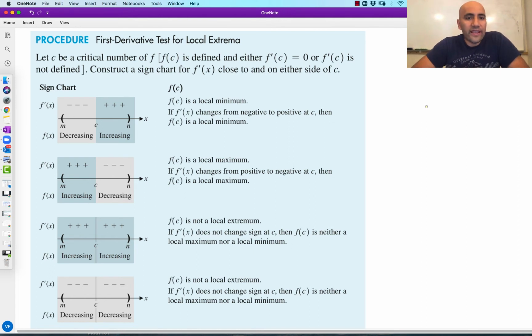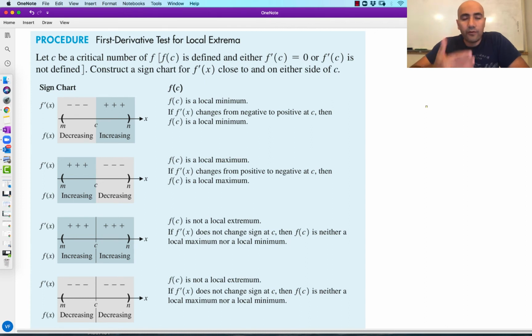Okay, so now we can put everything we've learned together into this sort of all-inclusive table that's provided in your book. So the first derivative test for local extrema. Let c be a critical number of f, right? If c is a critical number of f, remember then that must mean that f of c is defined and either f prime of c equals 0 or f prime of c does not exist, right?